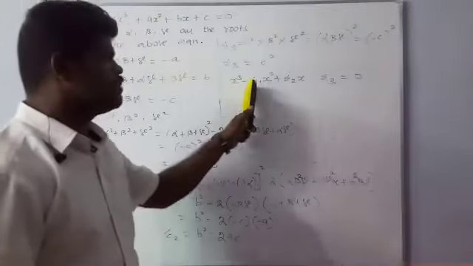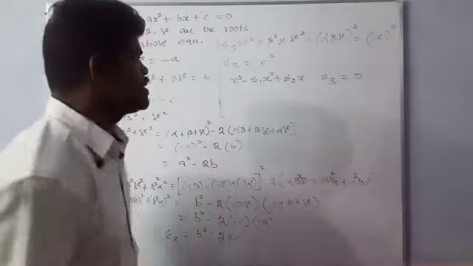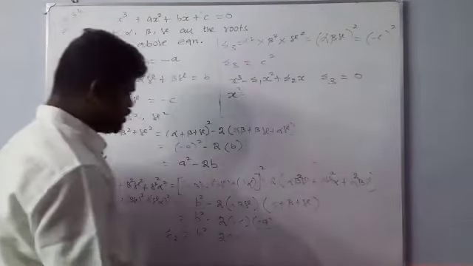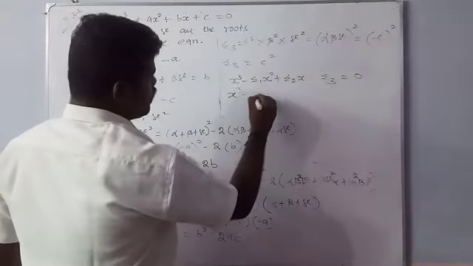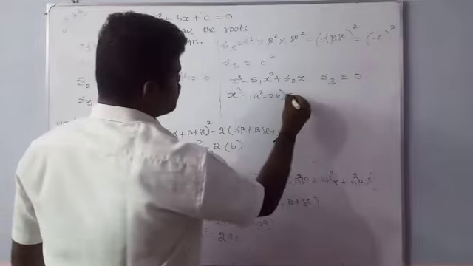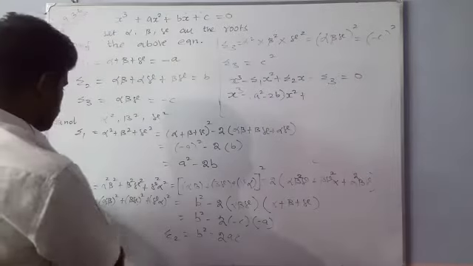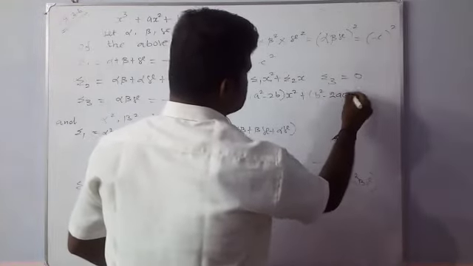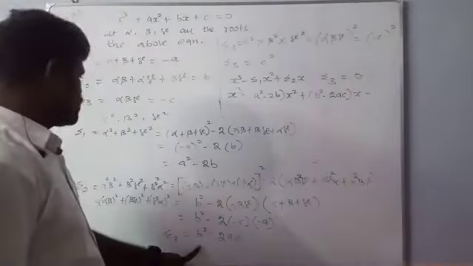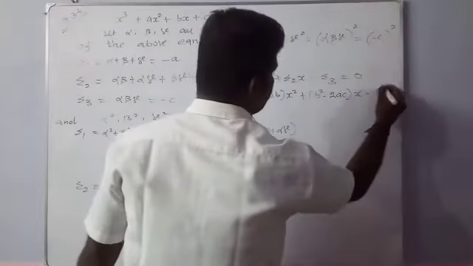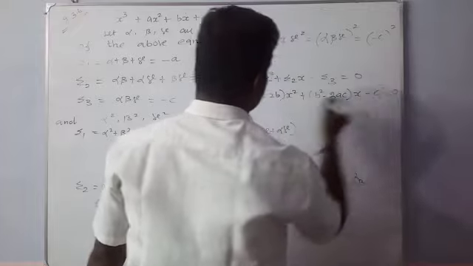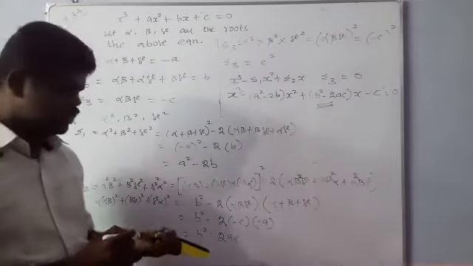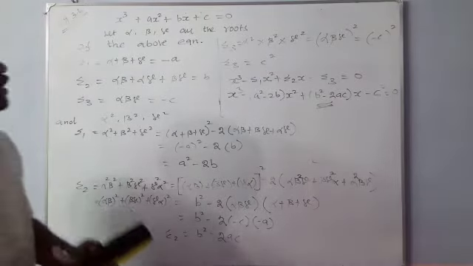First term plus and second term minus, third term plus, fourth term minus. x cube minus summation 1, which means a square minus 2b, into x square, plus summation 2, b square minus 2ac, into x, minus summation 3, whose value is c square, equal to 0. So this is the required equation of the sum of the squares of the roots. Okay, right. Refer to this sum.